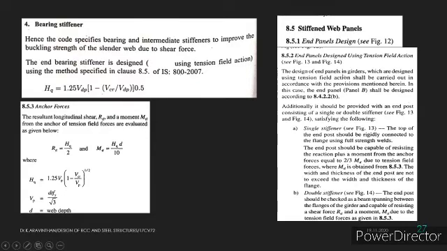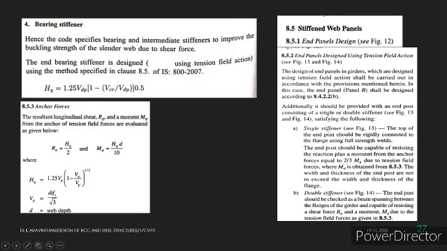The design of end panels in girders which are designed using tension field action shall be carried out in accordance with the provisions mentioned herein. In this case, the end panel, that is panel B, shall be designed according to 8.4.2.2b. Additionally, it should be provided with an end post consisting of single or double stiffener.